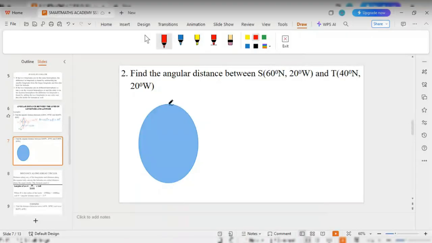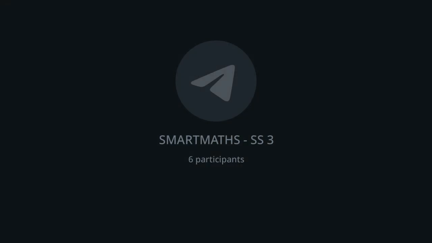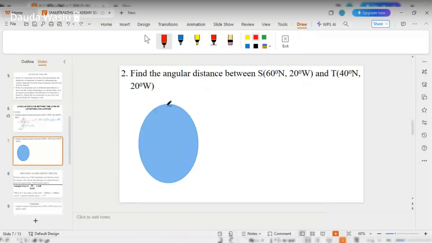So let me draw the cardinal points. So we have the sphere already. So the cardinal point is this. So let me redraw it to have a perfect vertical line downward.